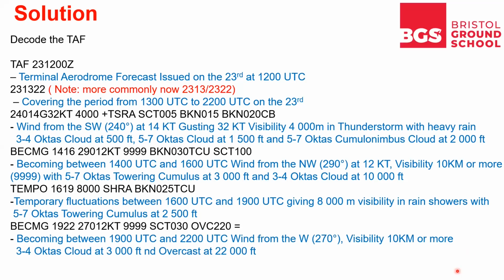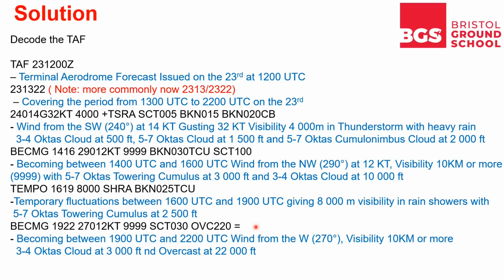And then becoming between 1900 UTC and 2200 UTC, the wind changes to 270 degrees, from the west, visibility 10 kilometers or more, 3 to 4 oktas at 3,000 feet, and overcast at 22,000 feet. The equal sign at the end simply signifies the end of the TAF.